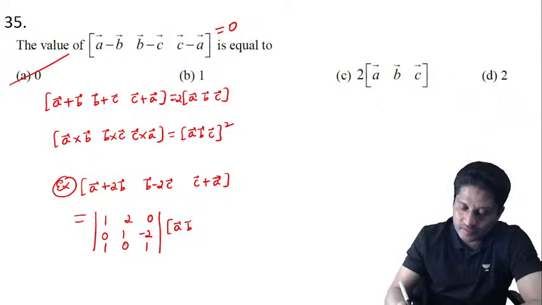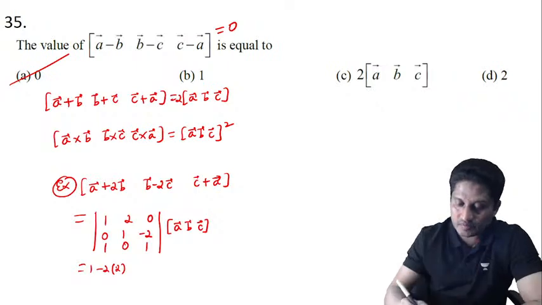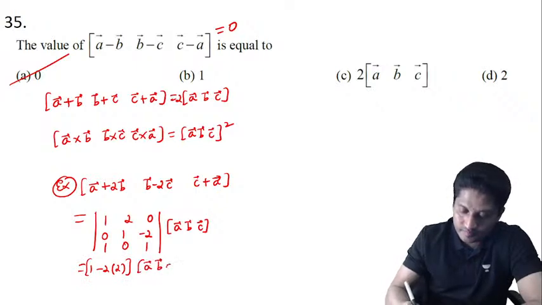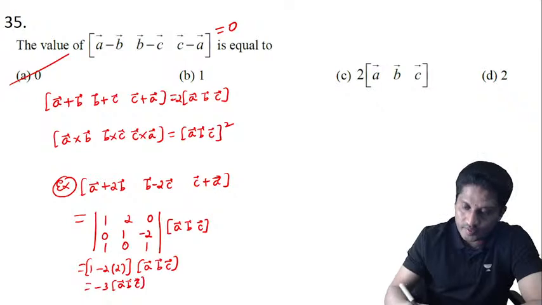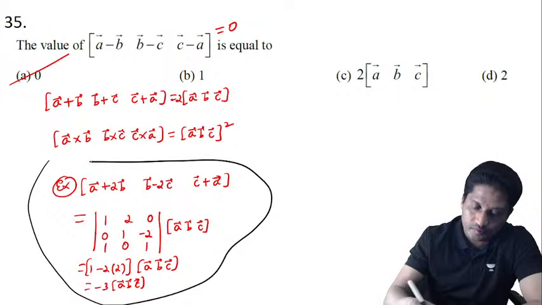Into box of ABC. Now if I expand this, delete first row, first column, you get 1. First row, second column, 0, 0 minus of minus is plus 2. And then 0 multiplied by a number is 0. Into box of ABC. This is equal to minus 3 times box of ABC. Just an example, guys. That's what you need to do. Take ABC out and prove it.